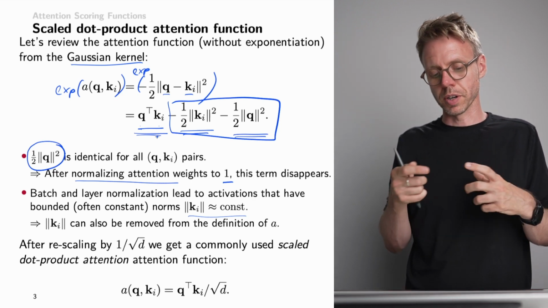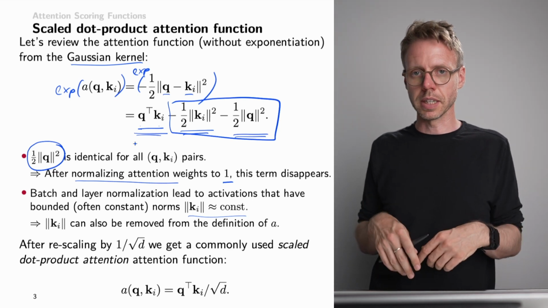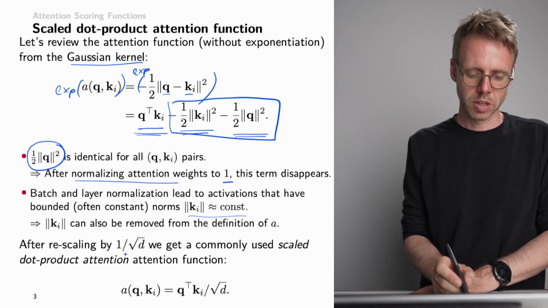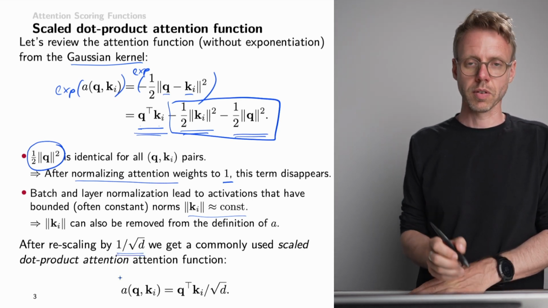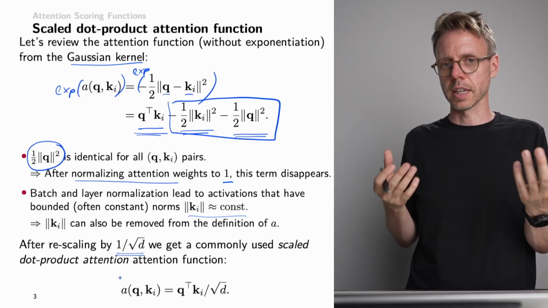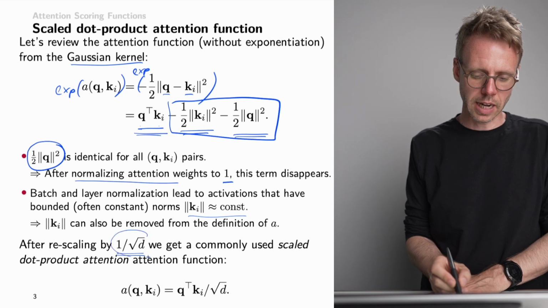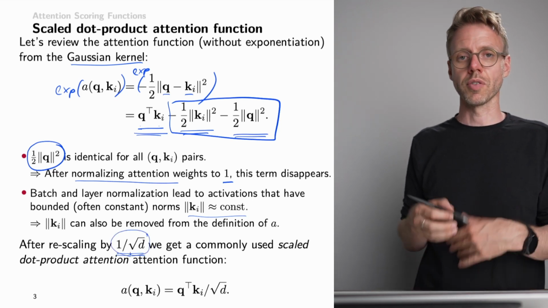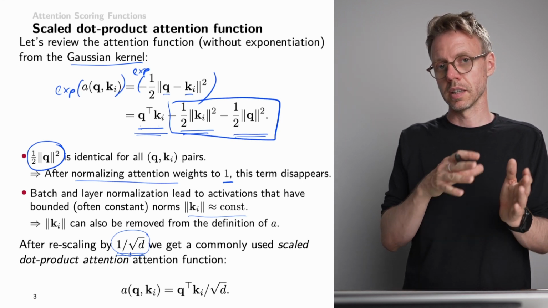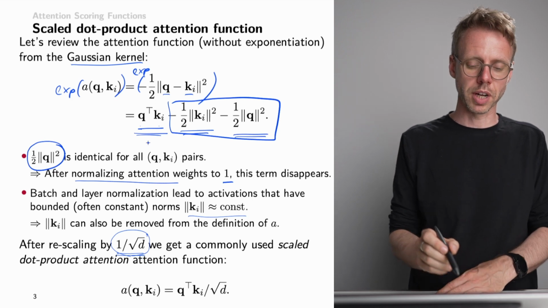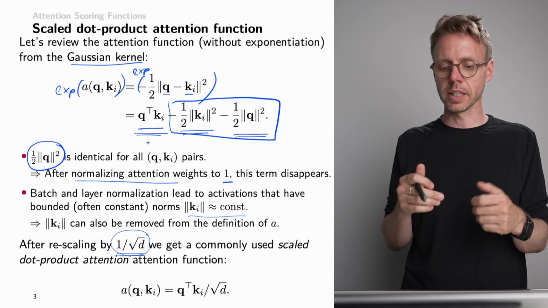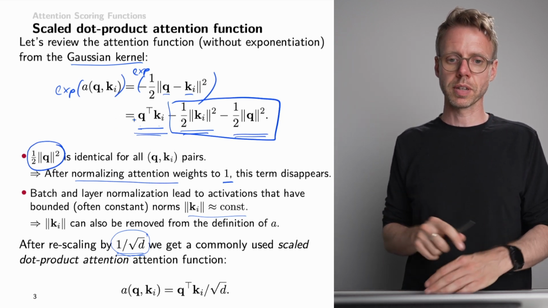Now, of course, we want this inner product to be relatively independent of the number of dimensions of these queries and keys. So if we assume that this inner product for each dimension has the same standard deviation, then if we divide by the square root of the number of dimensions, we would achieve that the standard deviation of this whole inner product would stay constant, so would not increase or decrease as we're increasing the number of dimensions.